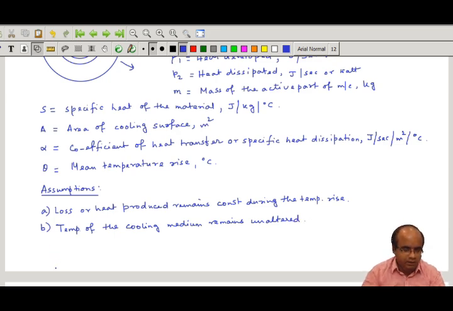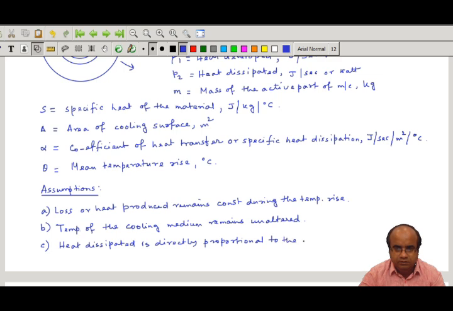And the last one, the heat dissipated is directly proportional to the difference in temperature of the motor and cooling medium.